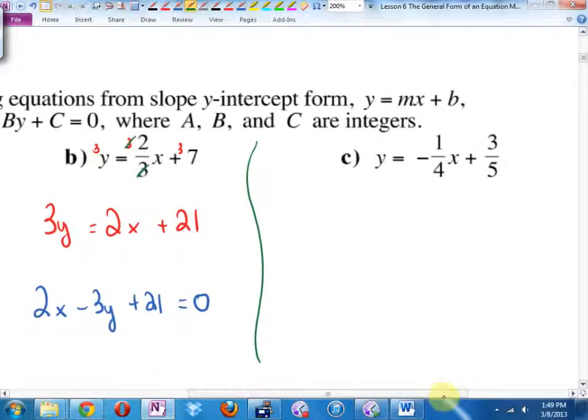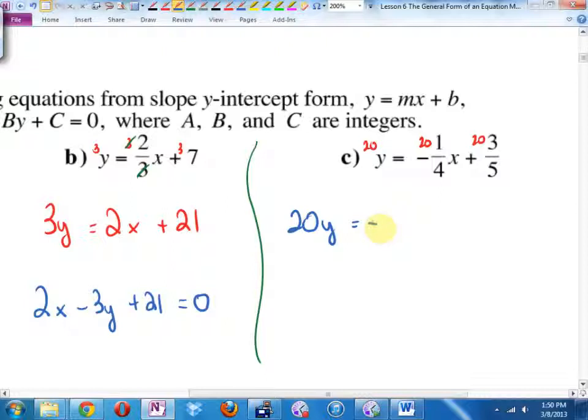Let's try another one. Oh, fractions. What am I going to multiply everything by here? 20. So let's put a little 20 right here, a little 20 right here, a little 20 right here. I'm going to end up with 20y equals, this is going to be a negative.